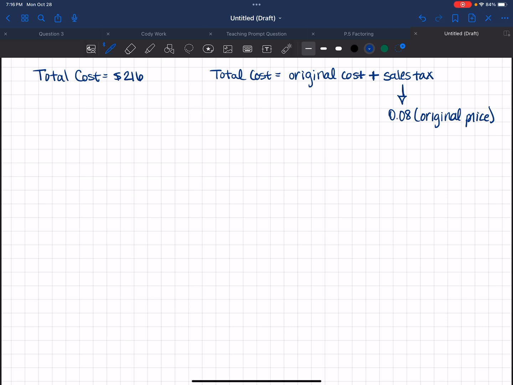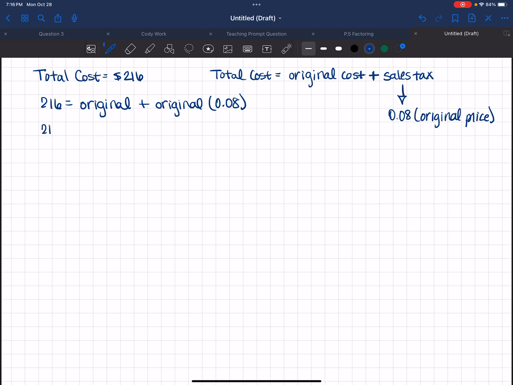Okay? So I know that the $216 equals the original plus the original times the 0.08. Okay? Well, that's the whole amount, the 1, and the 0.08, plus you're paying 0.08 on every dollar.